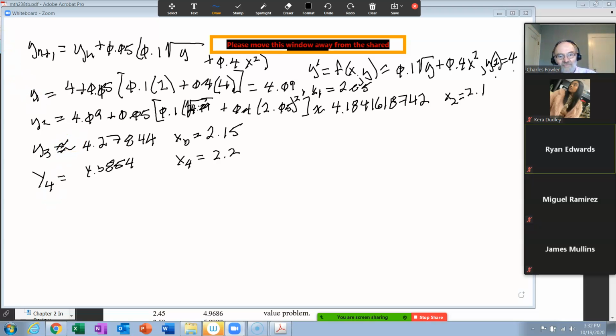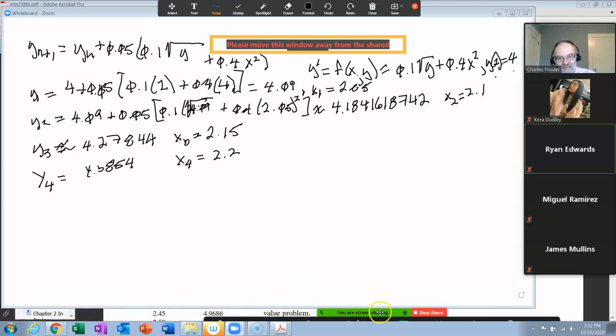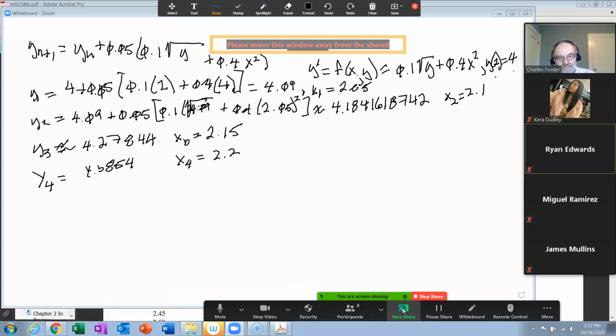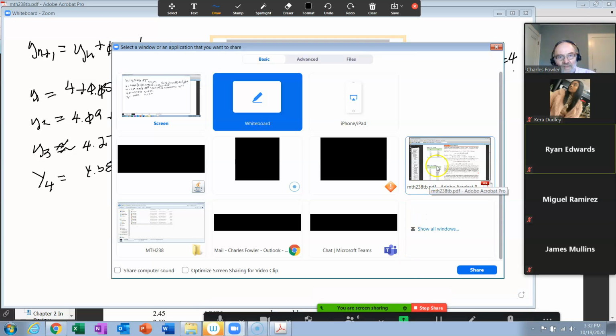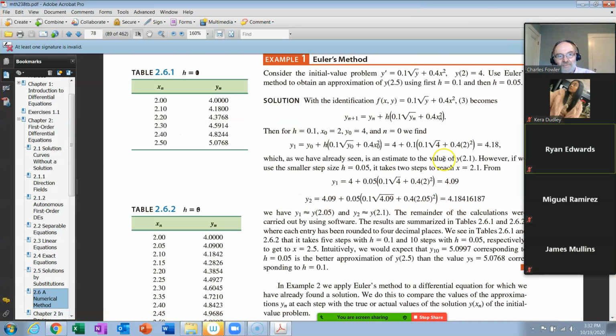Let's go out of this mode and back to our book. If I can get my screen share to show up here. And these are the tables that we were just looking at. You see the 2.0, that was where we started. 2.1 up here was 4.18, 2.1 here, 4.1842.